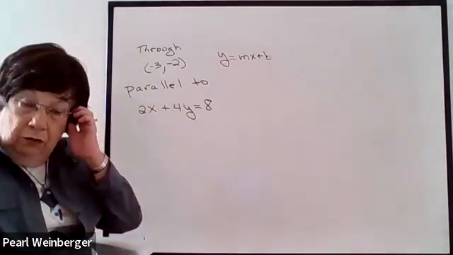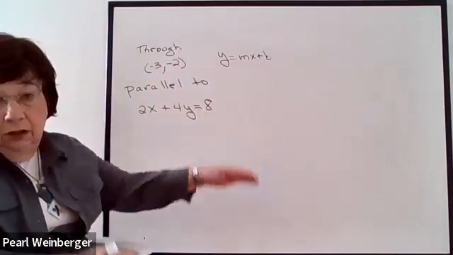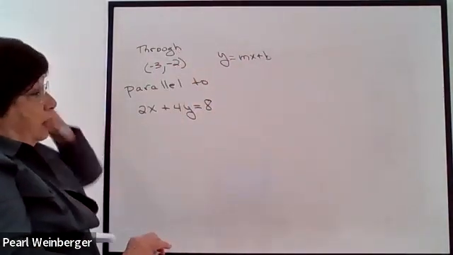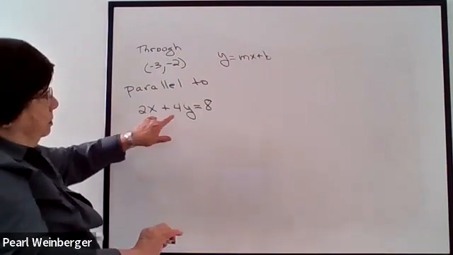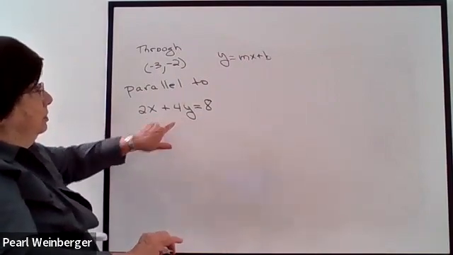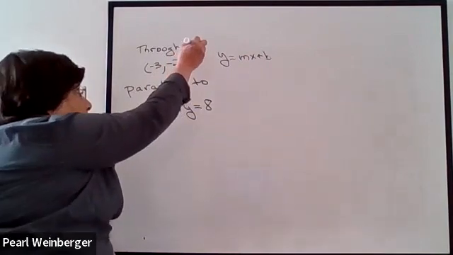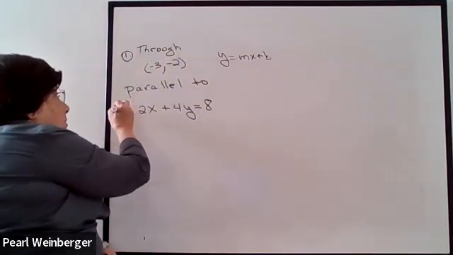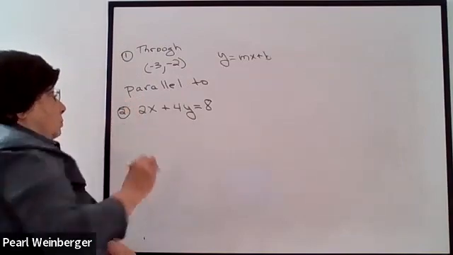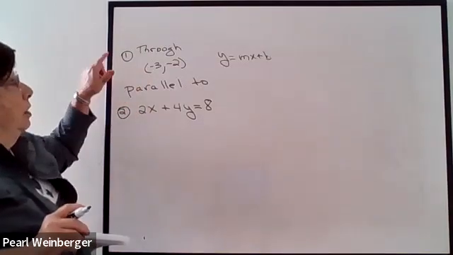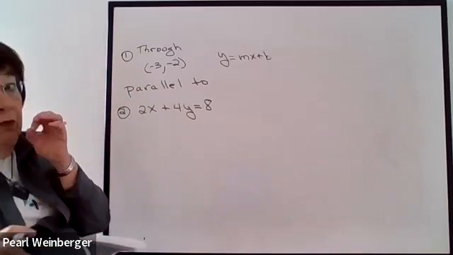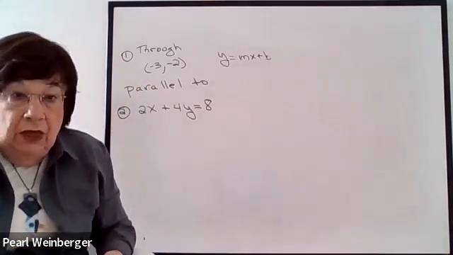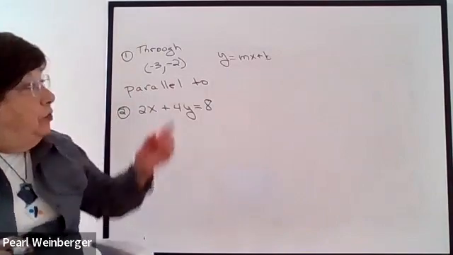It runs right next to it, but never touches it. It's going to be parallel to this line. So this is line number 1 that we want to write the equation of, that's parallel to this line number 2. And the only other thing I know about it is that it's going to go through this point.